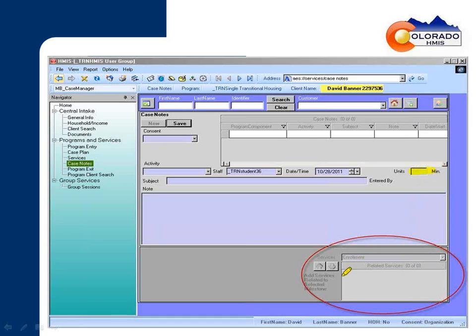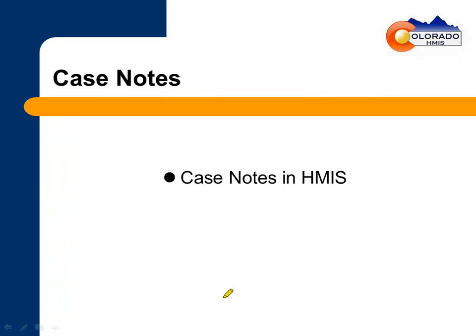So I did my 60 minutes, I already did my education assistance, that's down here, and then I would say I did my employment assistance, click the arrow, and then that would show up down here, and then I would choose transportation assistance, click the arrow, and that would show up down here. So I've got this one activity of case management client present that lasted 60 minutes, and during that time, I did all of these things. So hopefully that makes sense, and we'll take a look at that in HMIS here right now.